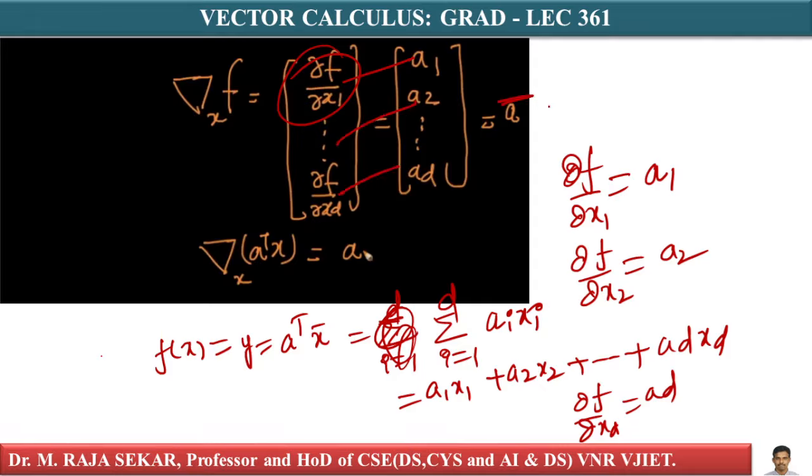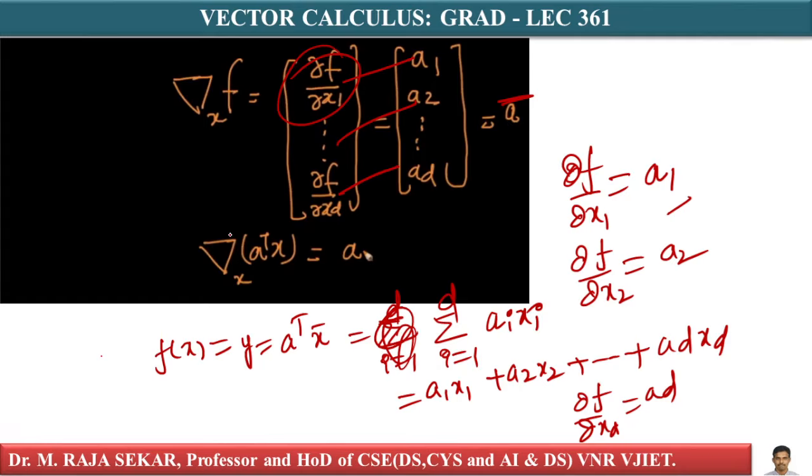Again, I will get a vector a bar, a1, a2, and so on up to ad. So the resultant vector del f with respect to x is a bar.